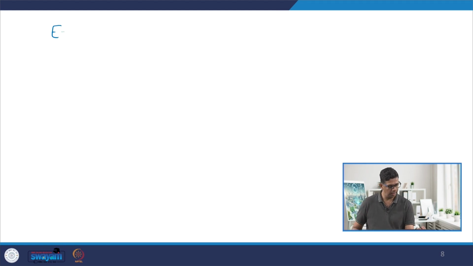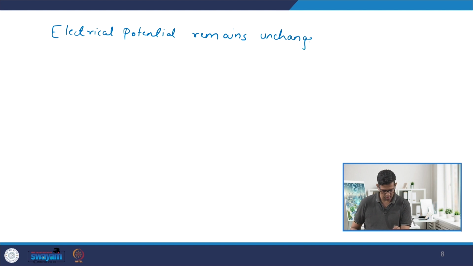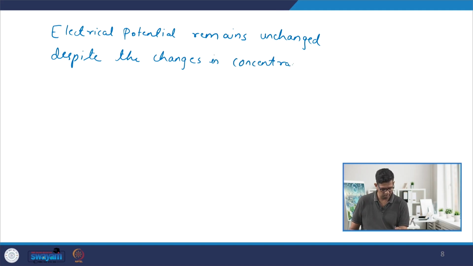So, electrical potential remains unchanged despite the changes in concentration of species.